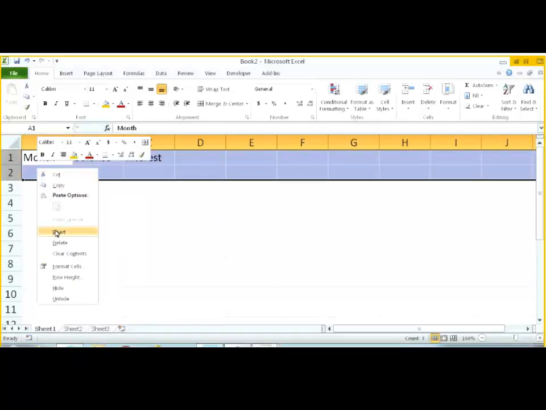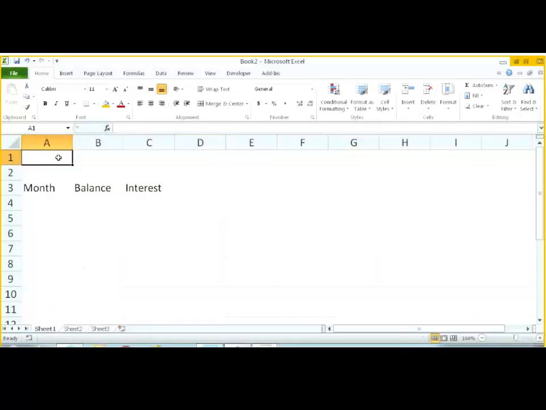And I'm going to insert a couple of rows here so I can input the interest rate, see how that affects things. Interest rate, I'm going to use 6% just to start off with. That's a reasonable number to expect. And we're going to start at month 0.